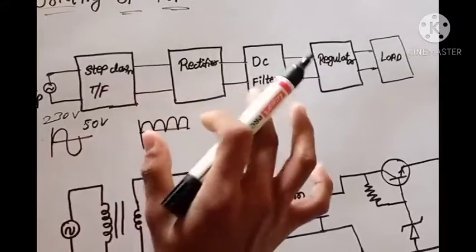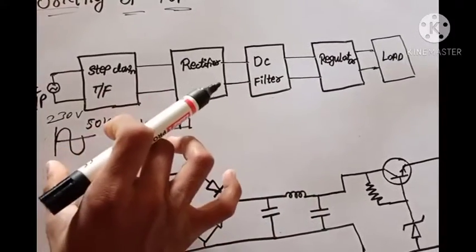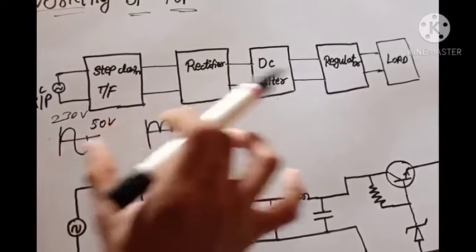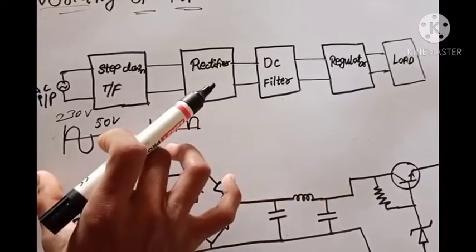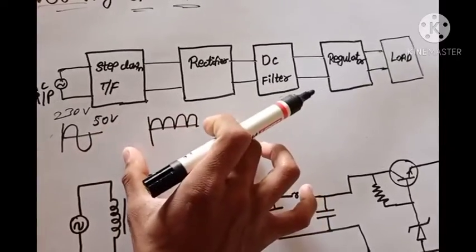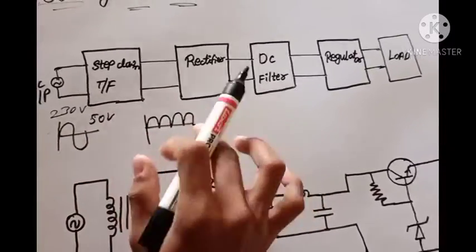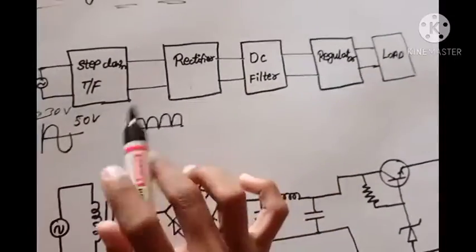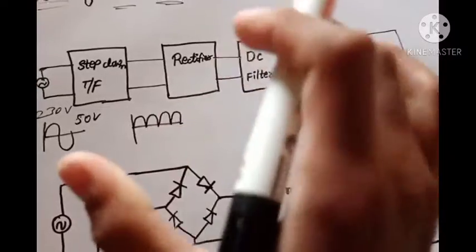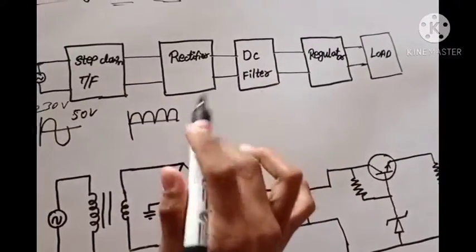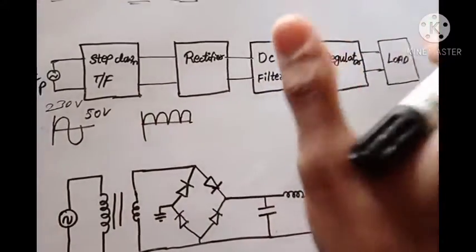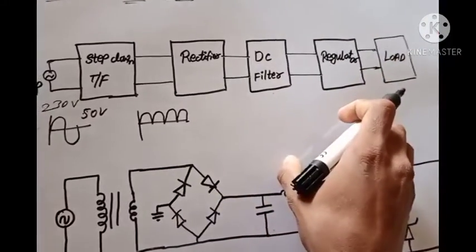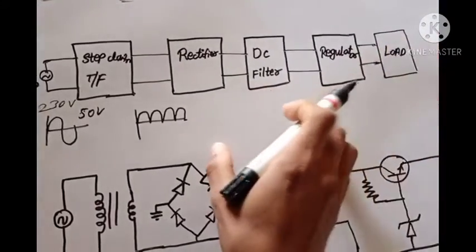The rectifier rectifies the given AC input, nothing but sinusoidal voltage, into a pulsating DC voltage. The output of the rectifier is pulsating DC, but we have to convert the pulsating DC into a pure constant DC without any fluctuations.